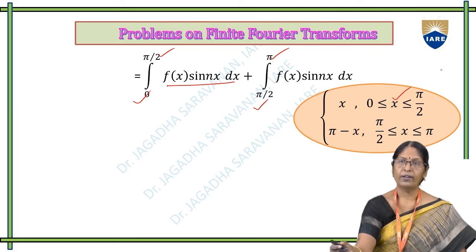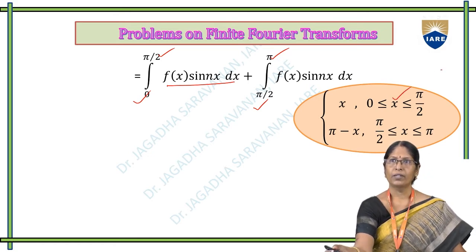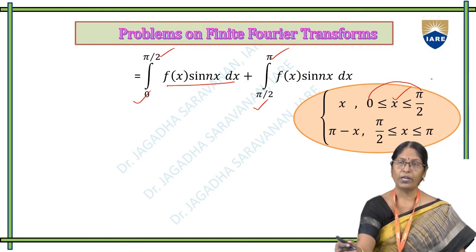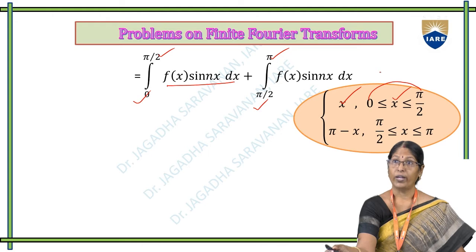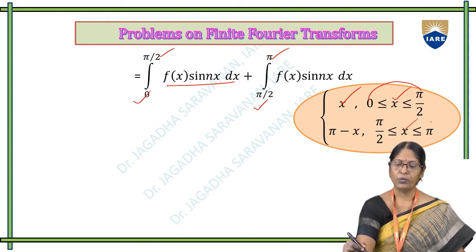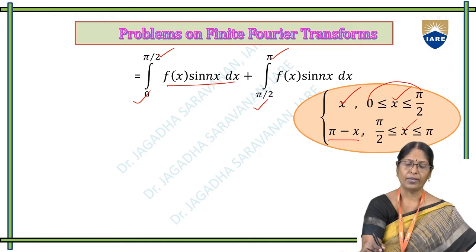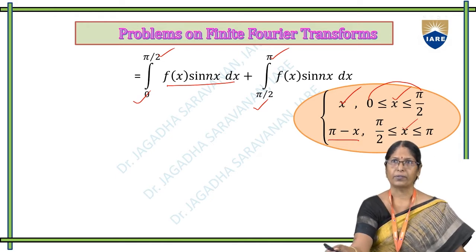It is clearly given: if x lies between 0 to pi by 2, the function is x, whereas if x lies between pi by 2 to pi, the function is pi minus x.